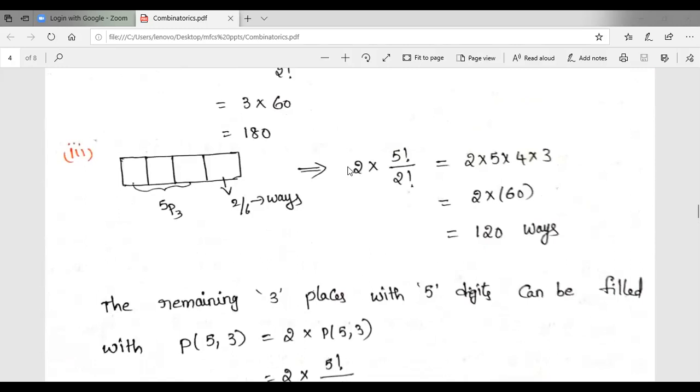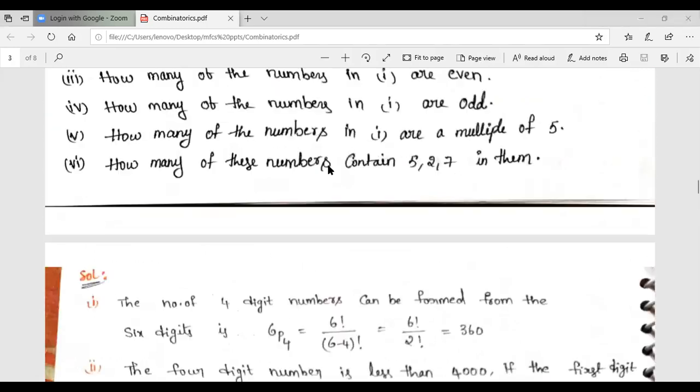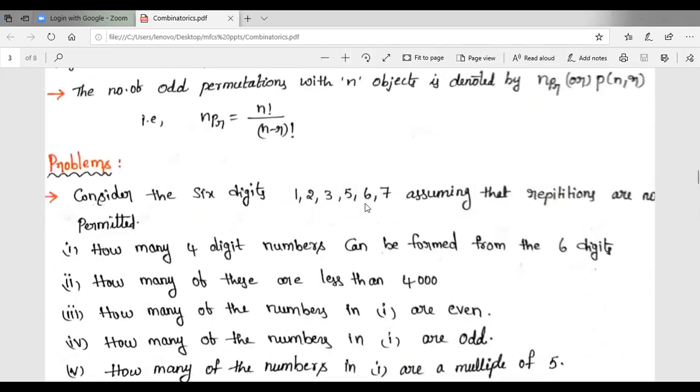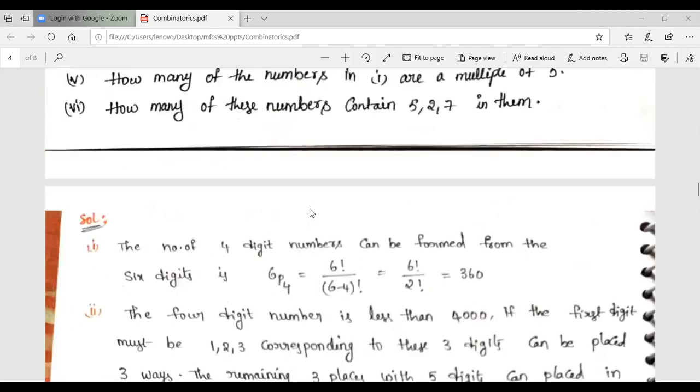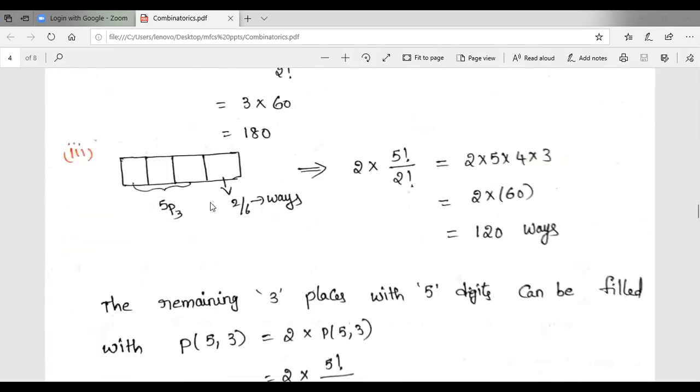So we have a 4-digit number. For the 4-digit number to be even, the last digit must be even. In the given digits, how many even numbers are there? 2 and 6. So the last digit must be either 2 or 6.